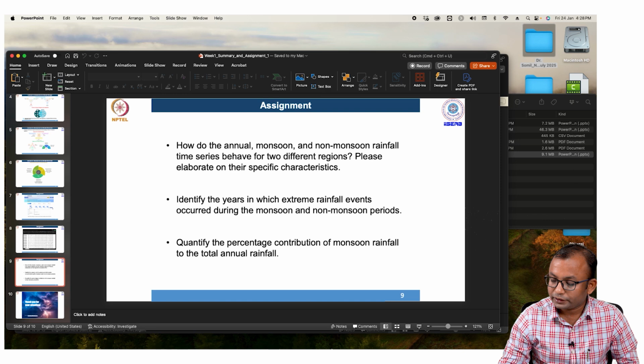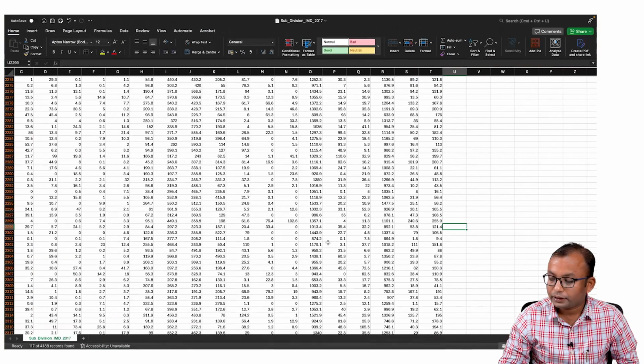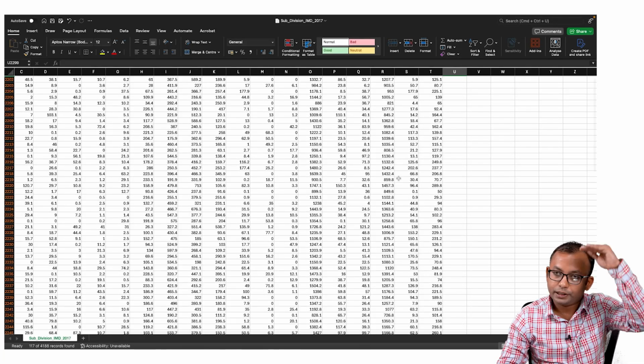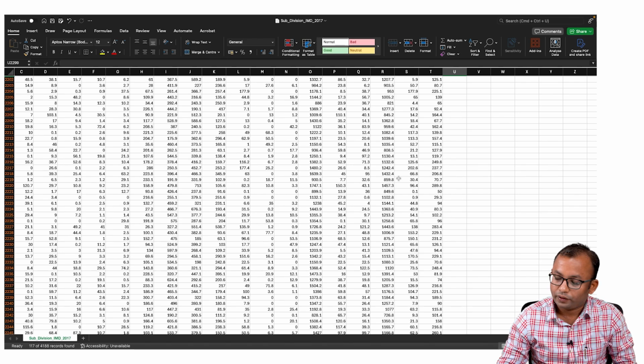As we have already suggested, you can make a plot of these data sets, and identify those years where you have extreme rainfall and where we have a low amount of rainfall. We have already discussed that.